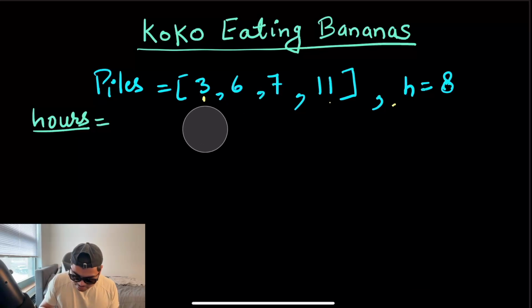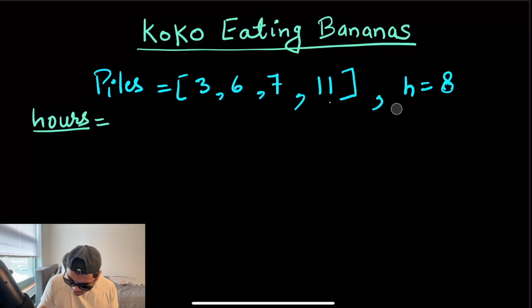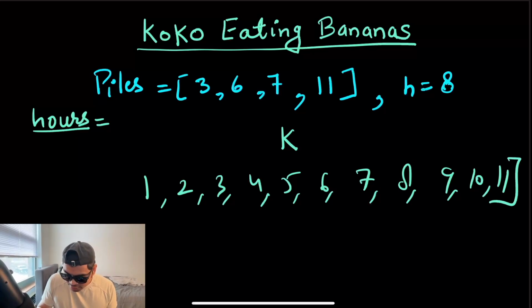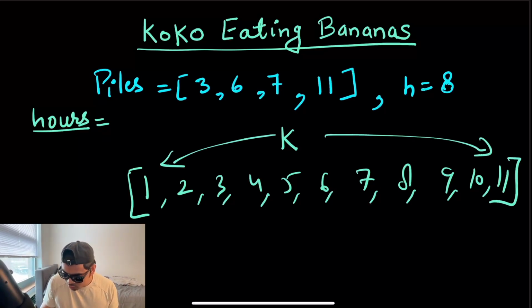Since we have this range for k, which will be from 1 to 11, right? This is our range for k values.